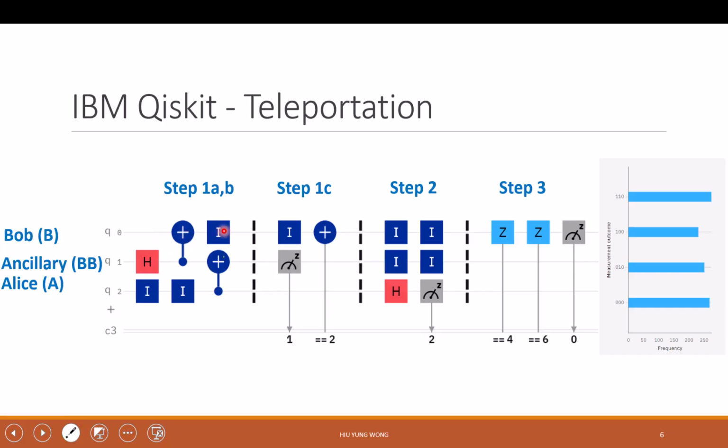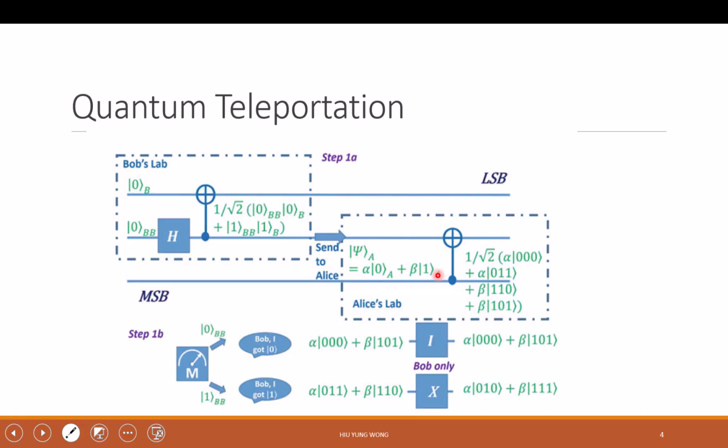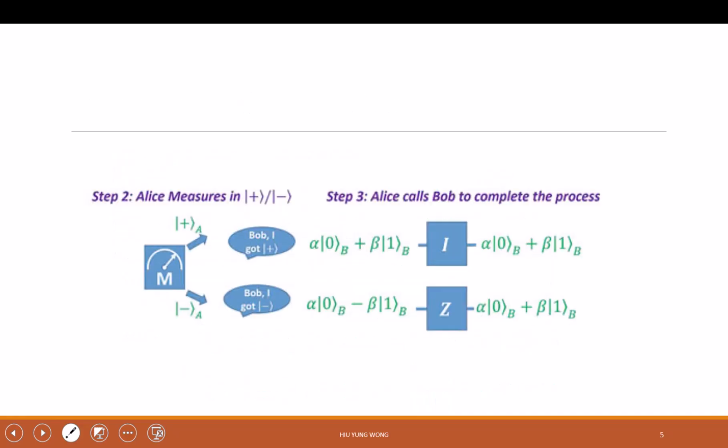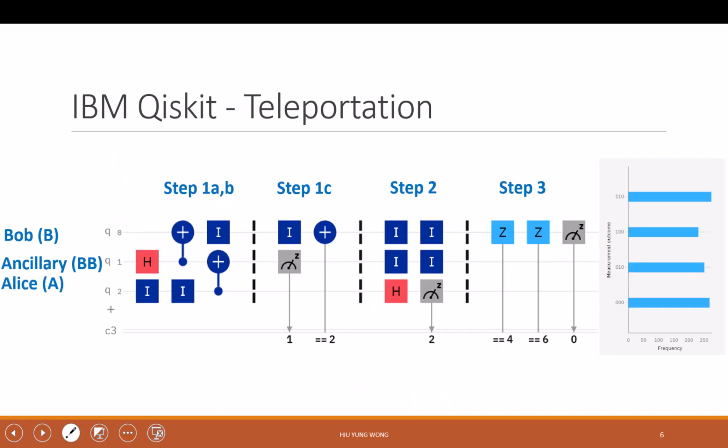When you see identity gates, they are just to fill up the space so that we can have the right indentation. And after this, Alex is going to apply a control NOT gate. And of course, in Qiskit, I don't need to physically send a qubit, right? Because this is just on a chip. We're just doing emulation. So this completes step 1.1.